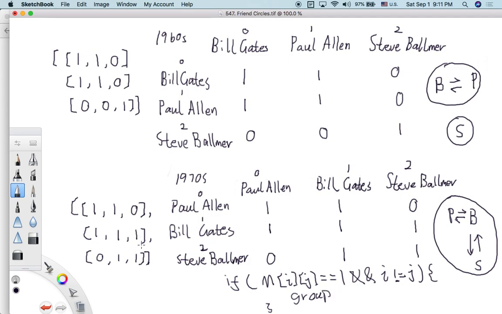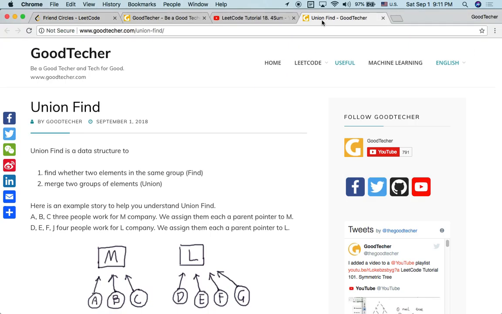Actually, we can introduce a very helpful data structure, union find, to achieve this goal. Here I already wrote an article on my website.